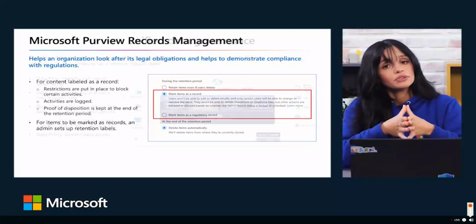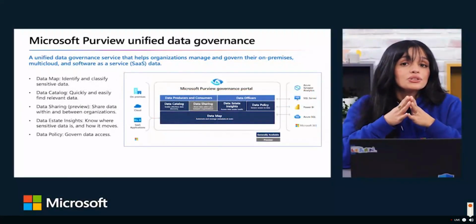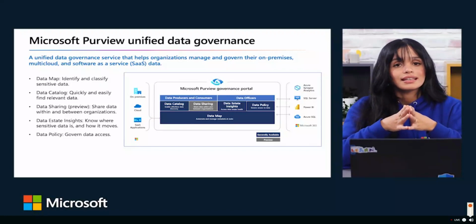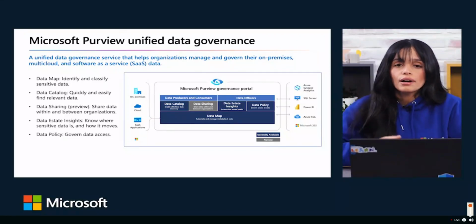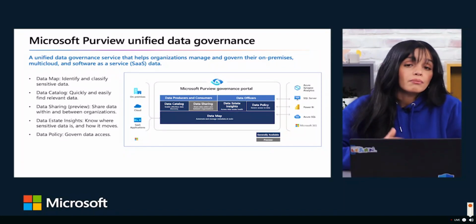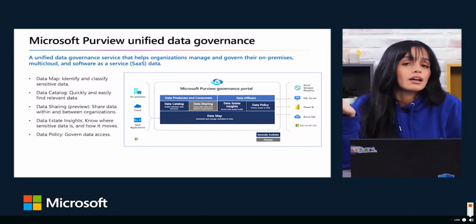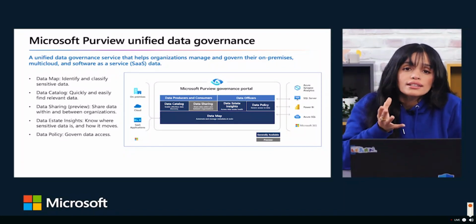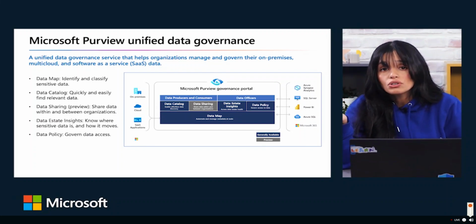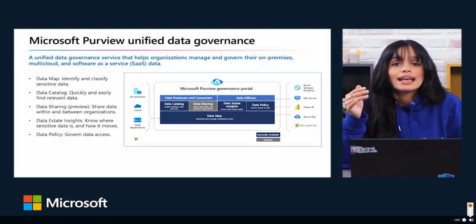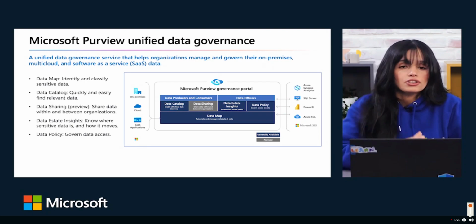The Microsoft Purview Governance Portal provides a unified data governance service that helps you manage your on-prem, multi-cloud, and software as a service data. The Microsoft Purview Governance Portal allows you to create a holistic, up-to-date map of your data landscape with automated data discovery, sensitive data classification, and end-to-end data lineage.